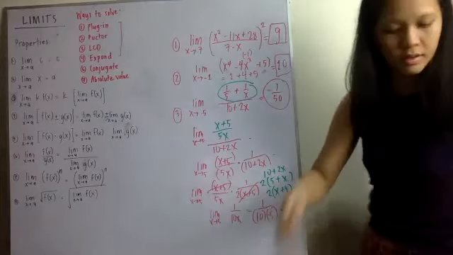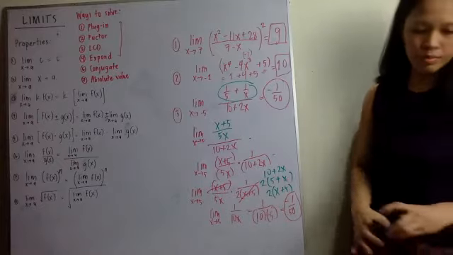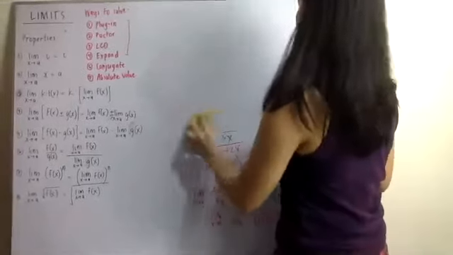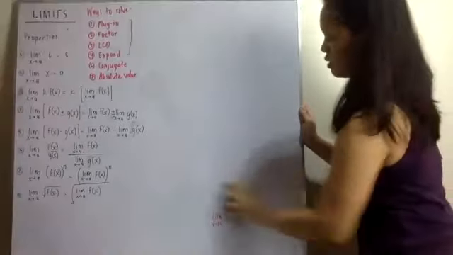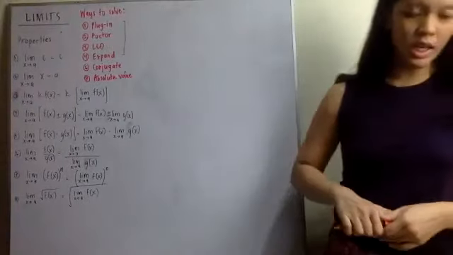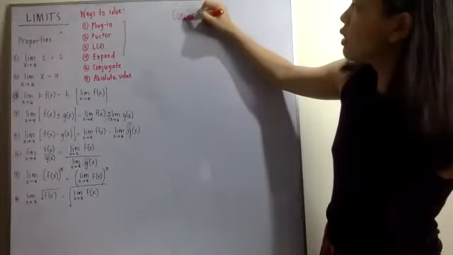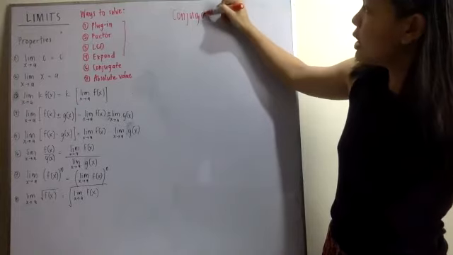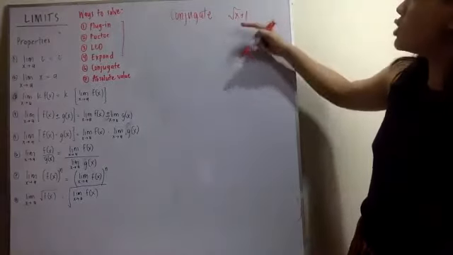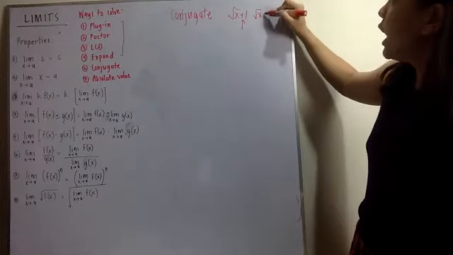Okay, we still have time. Now, what if we have square roots? When we have square roots, we use the conjugate. Are you familiar with the conjugate? For the square root of x plus 1, the conjugate would be, we just change the sign, so the square root of x minus 1.